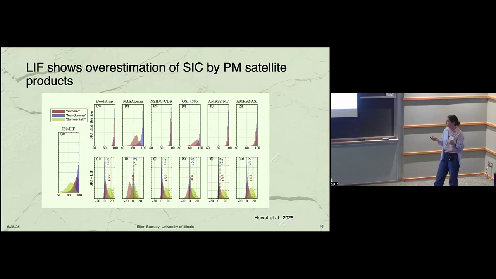So the passive microwave data is overestimating sea ice concentration when compared to the linear ice fraction, if you're calling linear ice fraction the truth. So you have these high right tails, which is biased high, except for this OSI SAF one and the NASA Team one, also much lower.